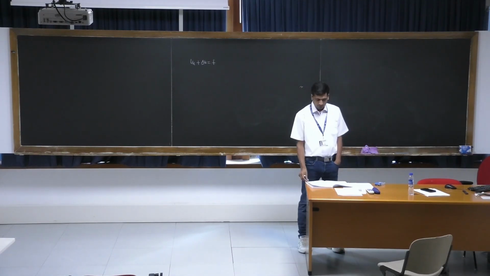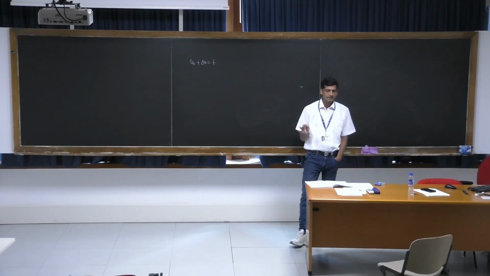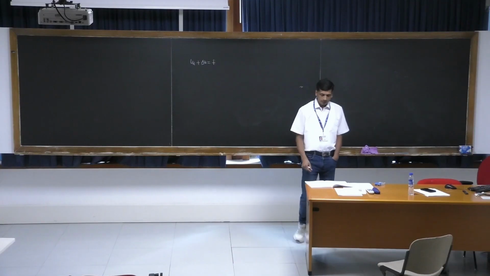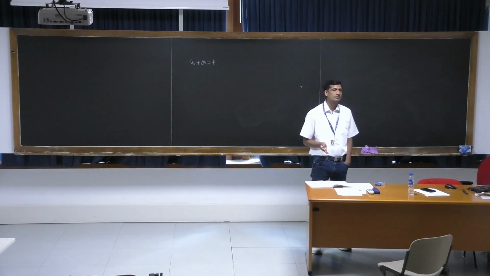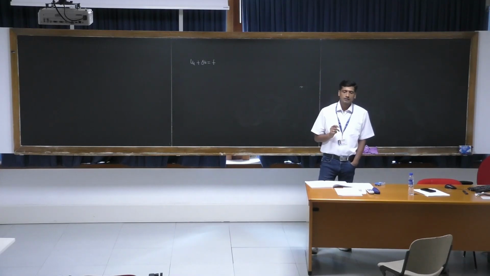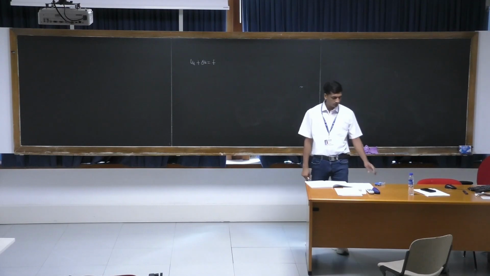Then we will move to the differential quadrature method for elliptic and parabolic PDEs in 1D and 2D, and try to explain how to apply the differential quadrature method and how to find the solution of the equation using differential quadrature methods.